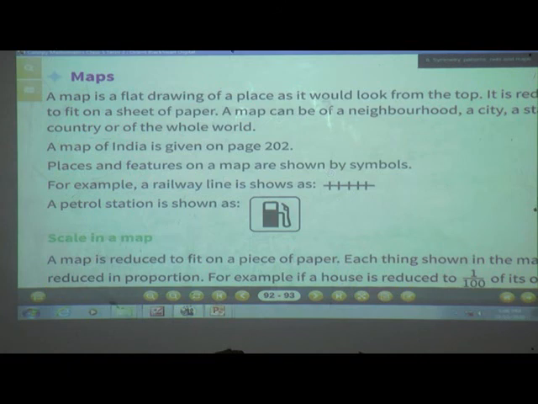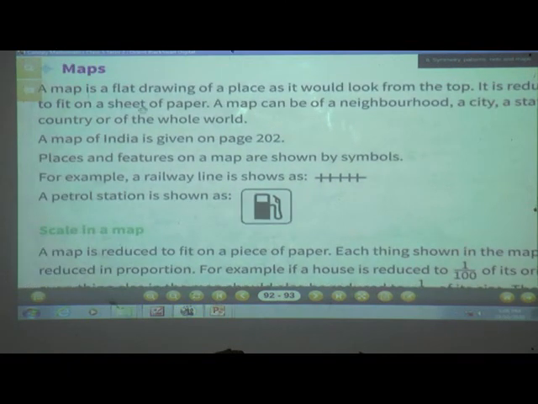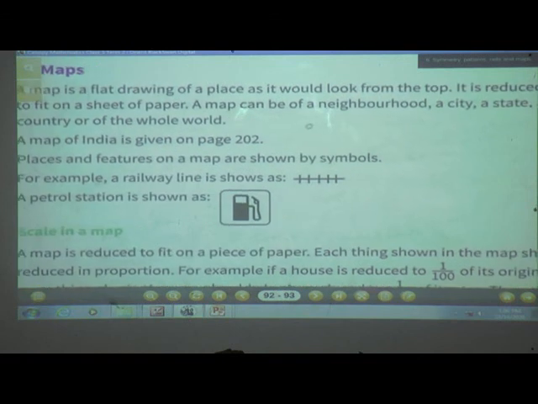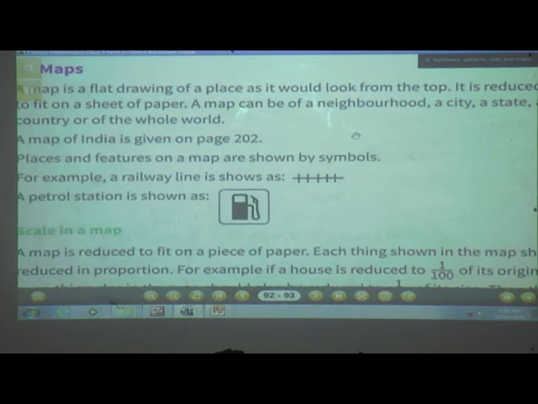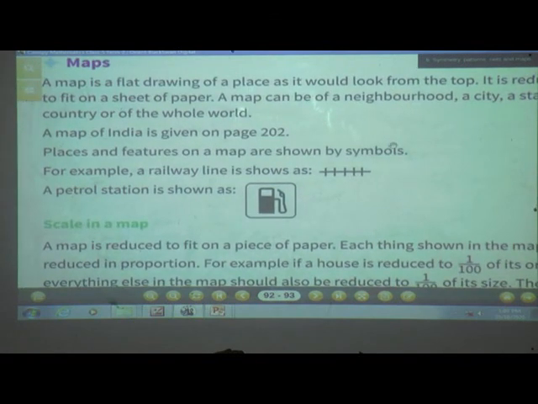It is reduced to fit on a sheet of paper. A map can be of a neighborhood, a city, a state, a country, or of the whole world.